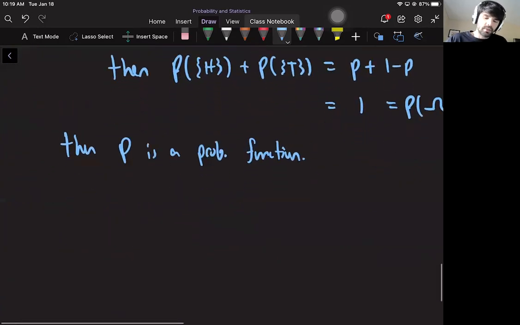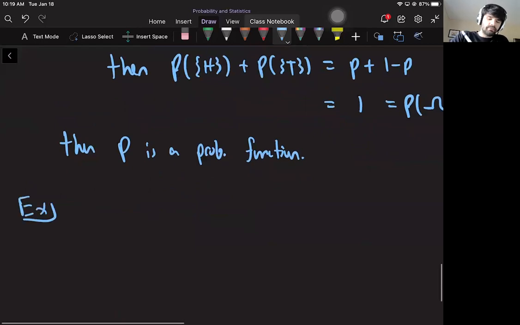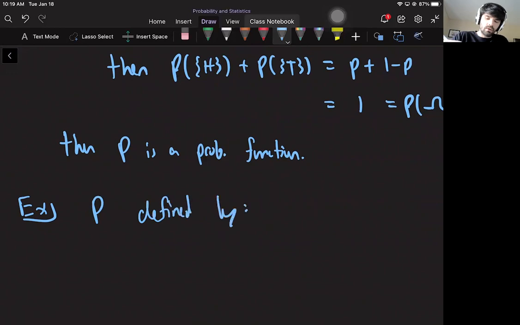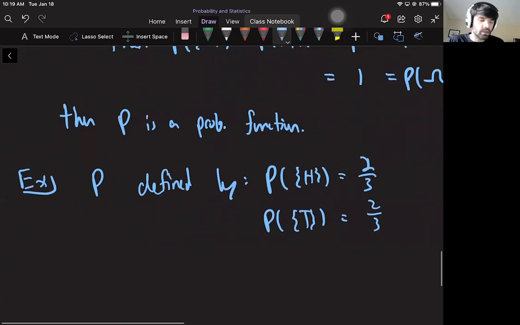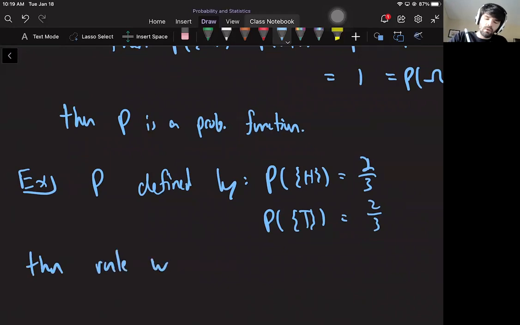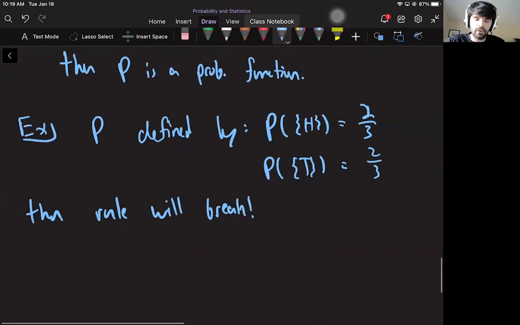Okay, so let's see something that's not a probability function. If I define heads to have probability 2/3 of occurring, and tails to also have 2/3 probability of occurring, then one of the rules will break.